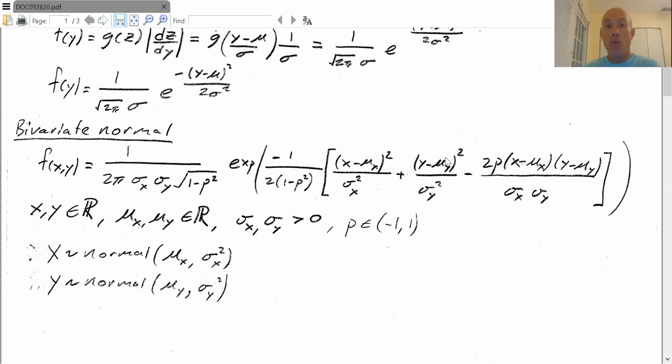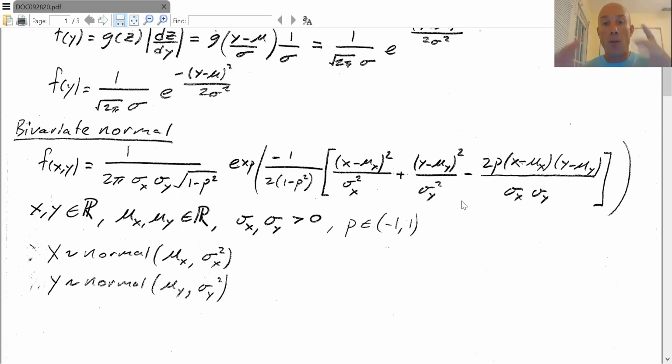If I look at this density for a little bit, I realize that all the x's and all the y's are in the exponents. Furthermore, they're inside the bracket in here. So if I want to work with this as a density of y, I really just want to focus on what's in this bracket at first.